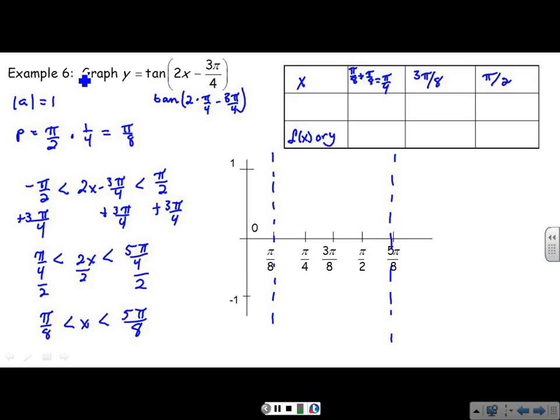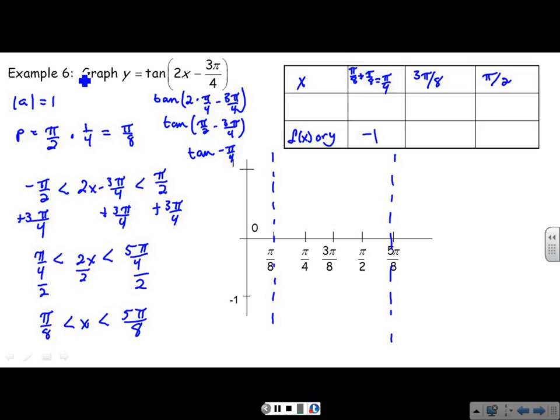And so you have tangent of pi over 2 minus 3 pi over 4, and that's going to get you tangent of negative pi over 4, and tangent of negative pi over 4 is going to get you negative 1, because again we are on the 45/45/90s.